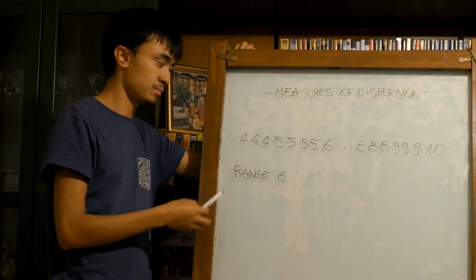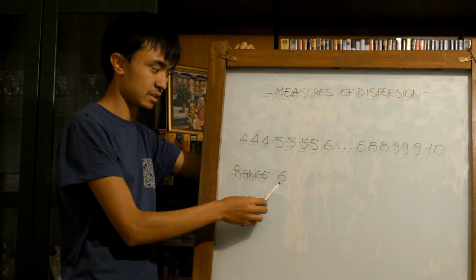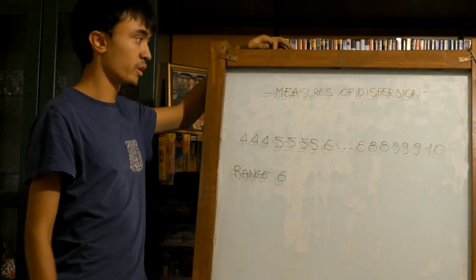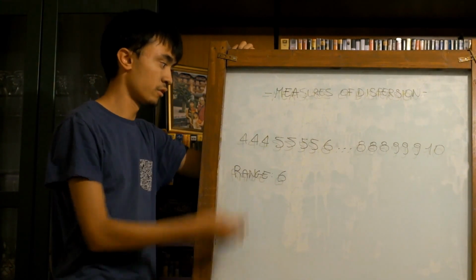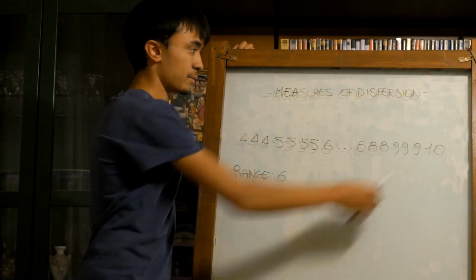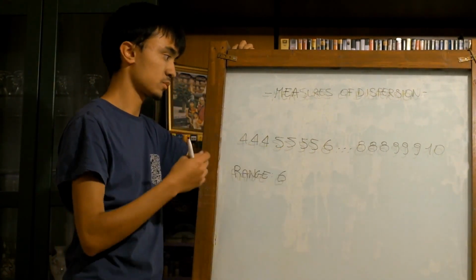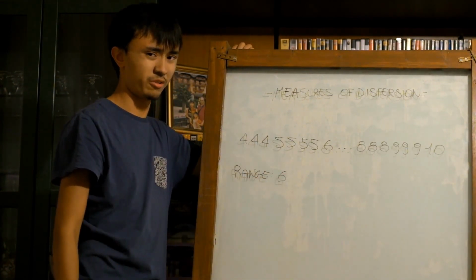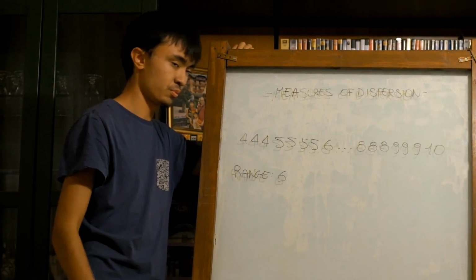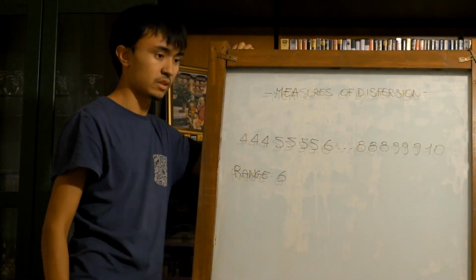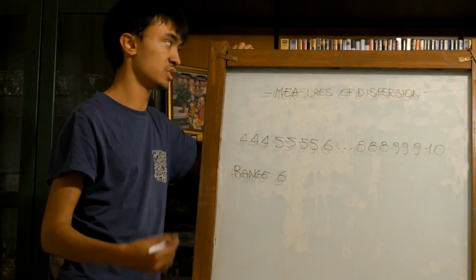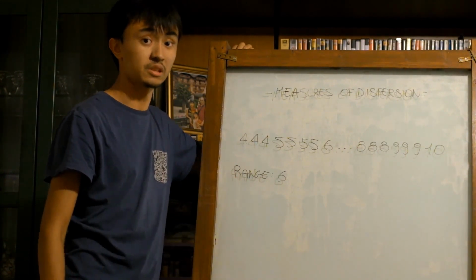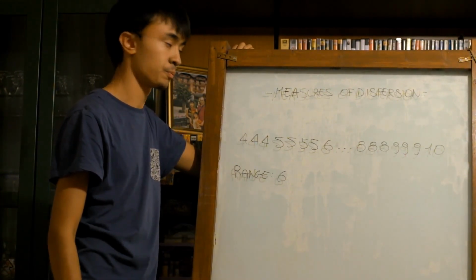But in this case, with the range and a measure of central tendency like the mode, we can only identify 4 and 10, while all the other values are not well defined by the range. So there is the measure of dispersion par excellence, the standard deviation.